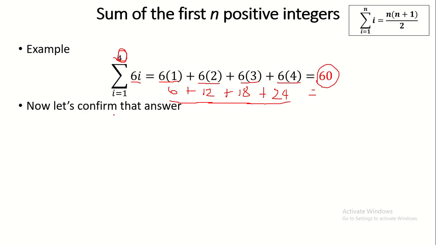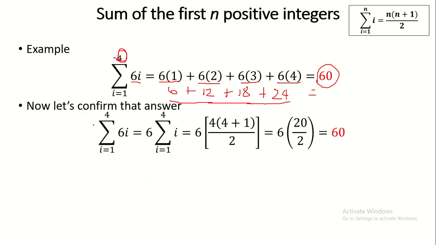Okay, so let's confirm that answer. We have the summation of 6i from i equals 1 up to 4. What I'm going to do is take the constant 6 and move it to the front.